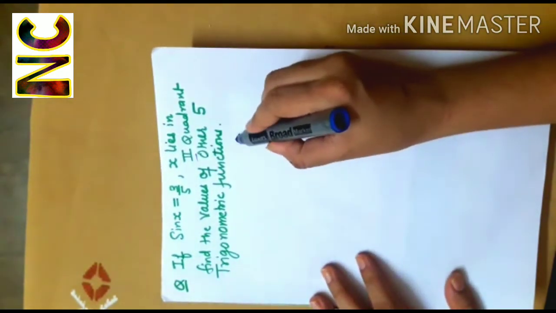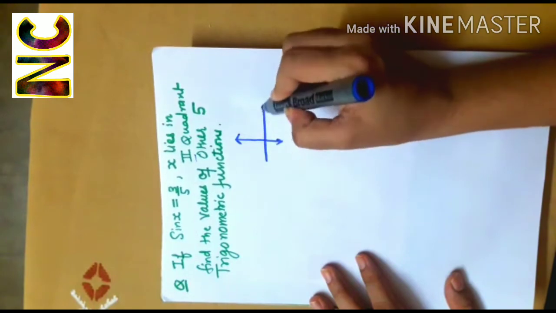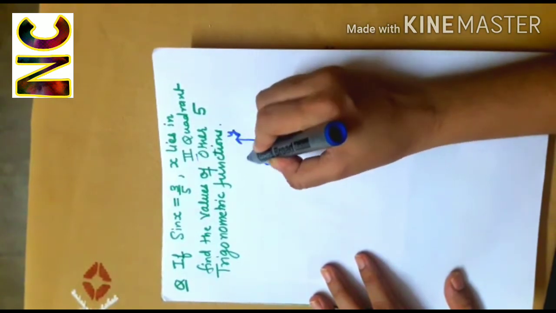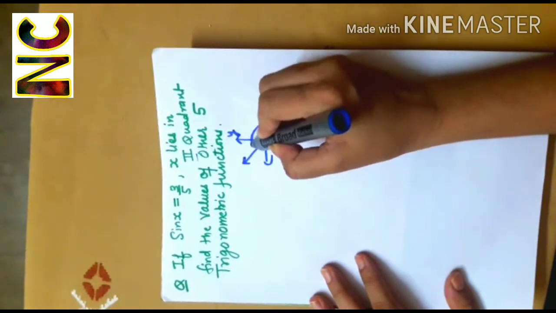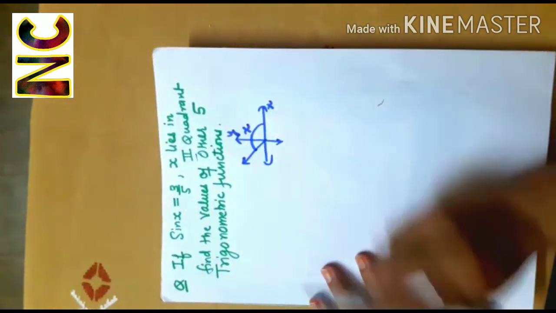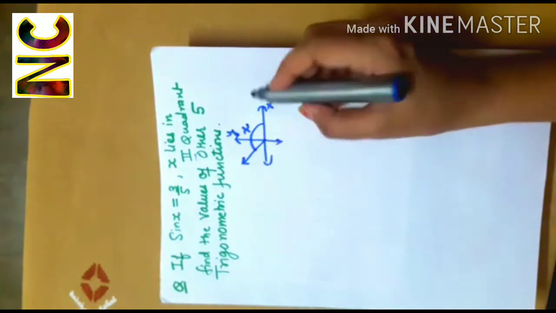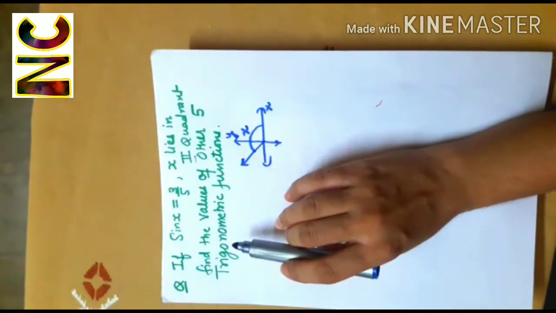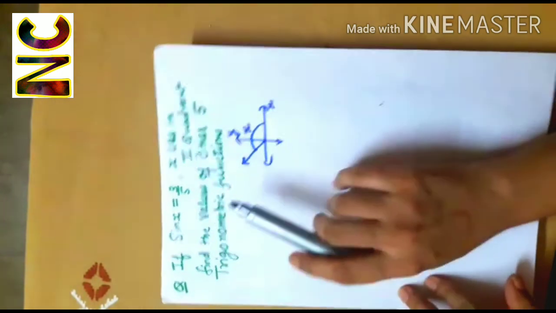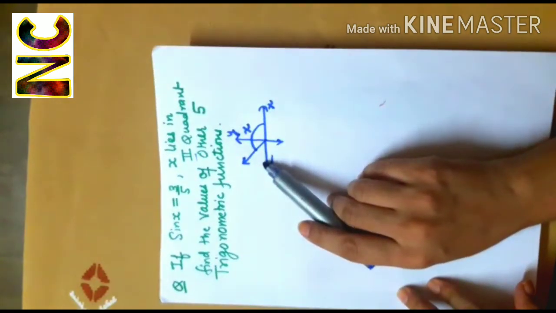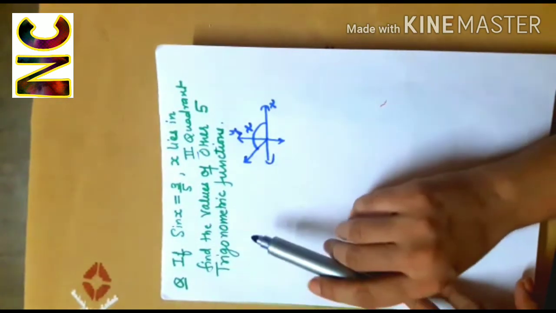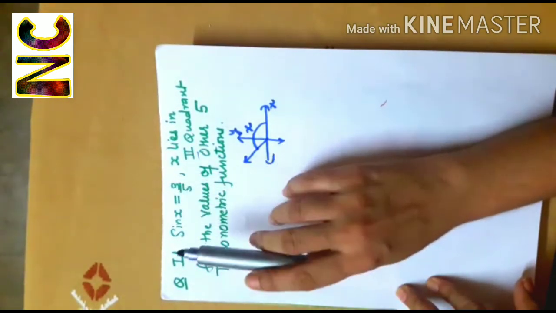That means the terminal side of the angle will lie in the second quadrant. This is your x. It is lying in the second quadrant. Now sin x is given to us as 3 by 5, and you know that in the second quadrant, sine and its reciprocal are positive. So it's plus 3 by 5.